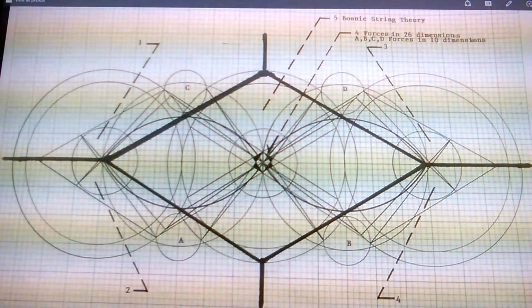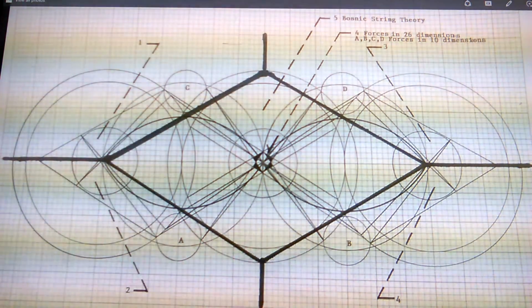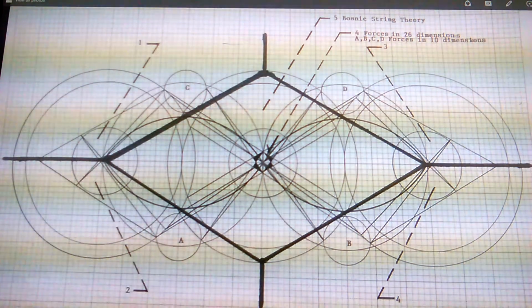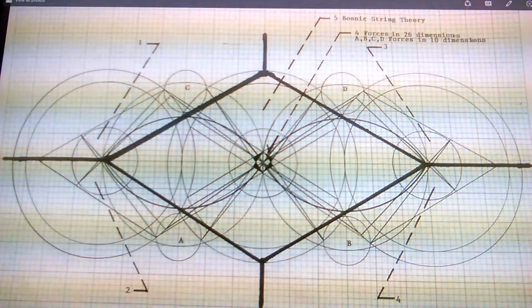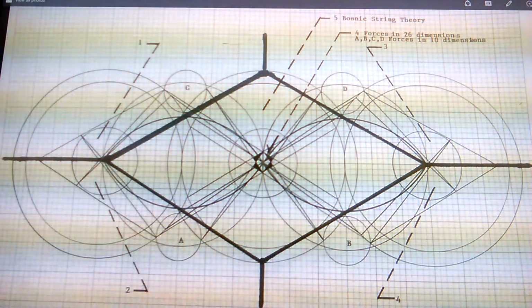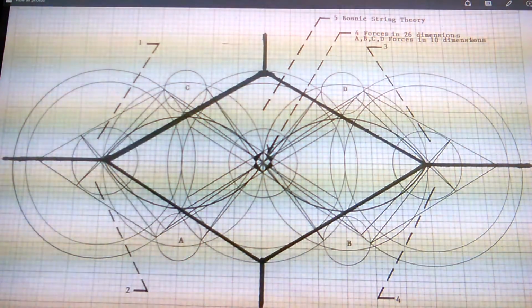The center part of the diagram is the throne of God. In this heavenly realm, matter as we know it does not exist. This is in agreement with the Bosonic 26 string theory. In the center circle of the diagram is a Bosonic 26 field of physics.